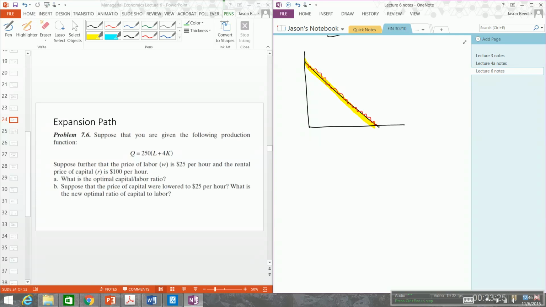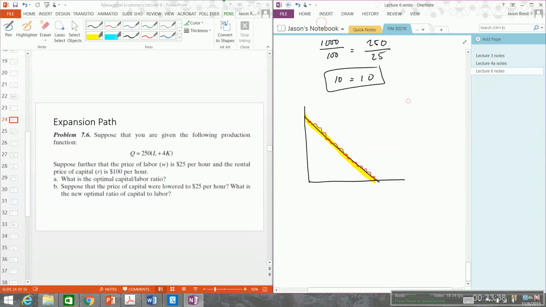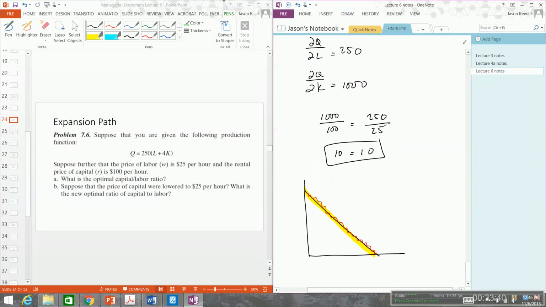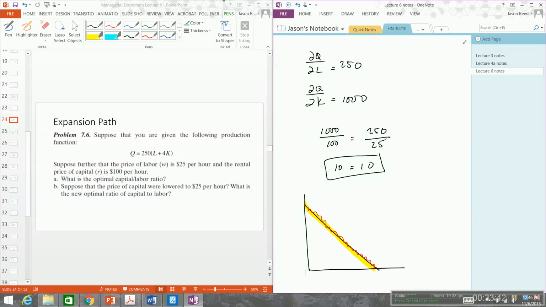So part B says, suppose the price of capital were lowered to $25 per hour. What is the new optimal ratio of capital to labor? Well, we can go back to kind of what we've done so far, and our marginal product of both capital and labor are not going to change.